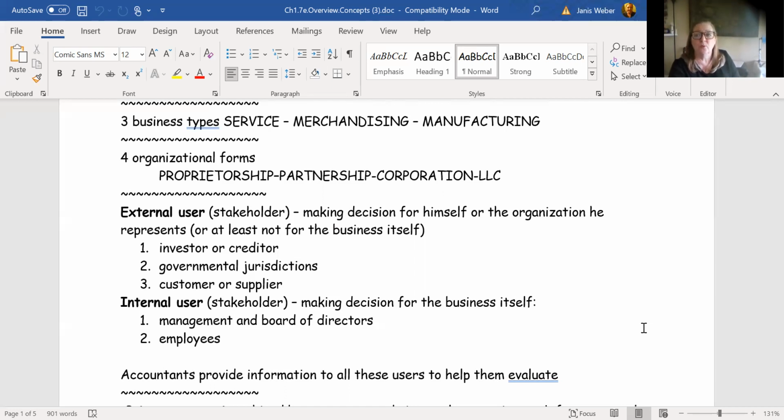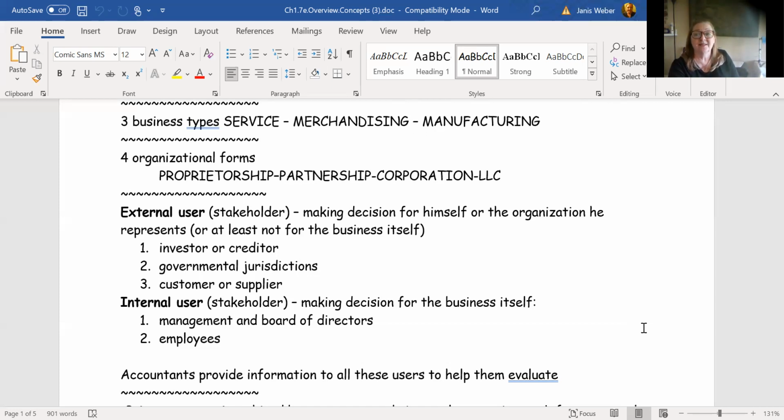External users is what we are when we look at the financial statements of corporations like Coca-Cola or Pepsi or Apple computers, Microsoft, any of these big corporations that you've heard the names of. When you look at their financial statements and you are trying to decide whether to buy some of their product, or whether to go to work for one of these companies, or whether to buy some shares in the corporation, all the things you're doing when you look at their financial statements are external uses of their financials.